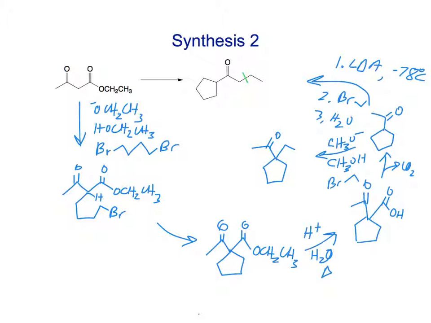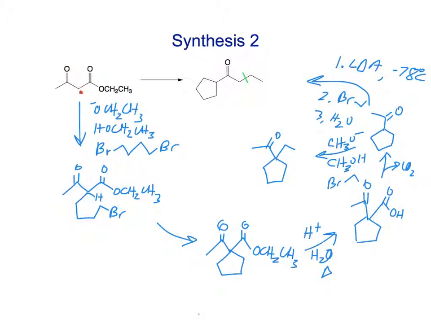Yeah? Is there a reason we don't use LDA in our first step with the, what is it even called, acetoacetate synthesis? Do we have to use the weaker ethoxide? Okay, so that's a good question. In the first step over here, this is kind of the traditional way that if we have the ethyl ester, we use ethoxide.